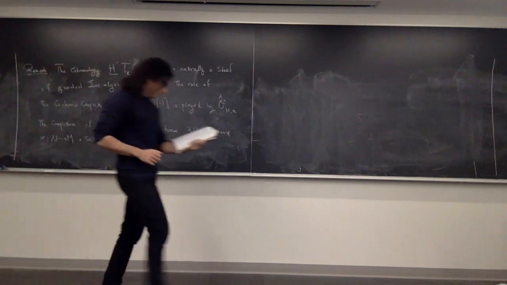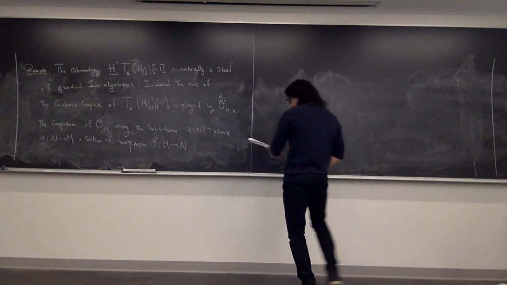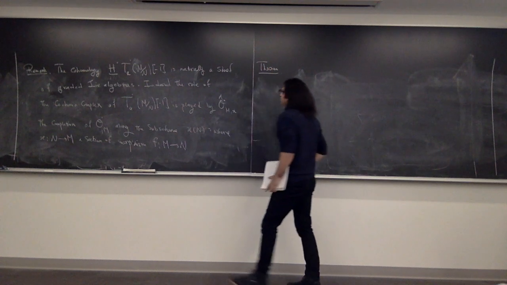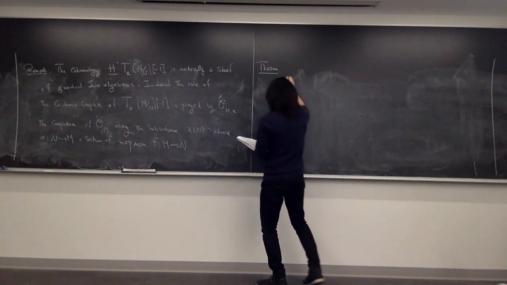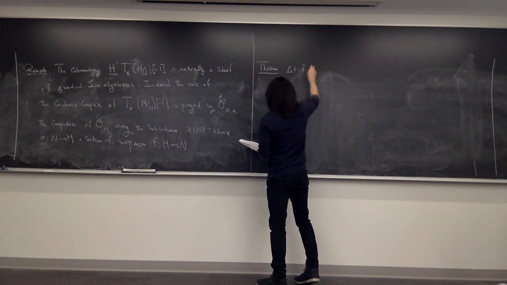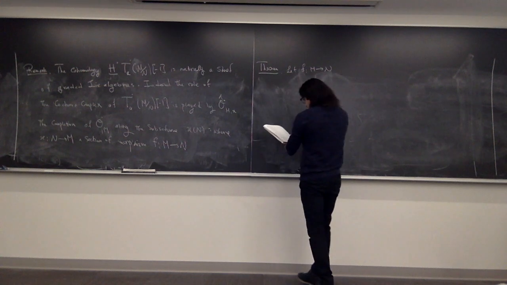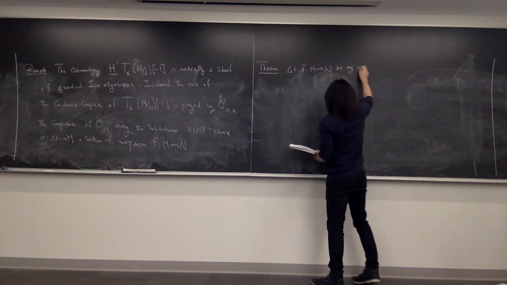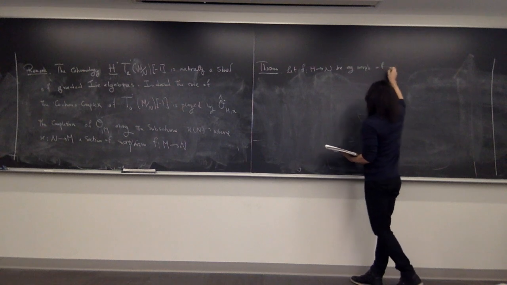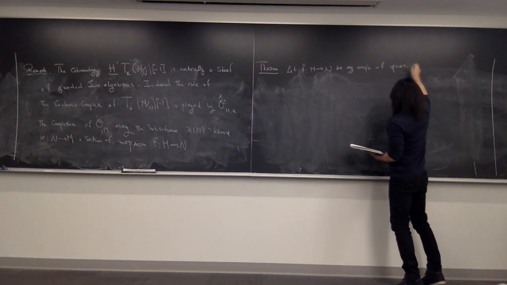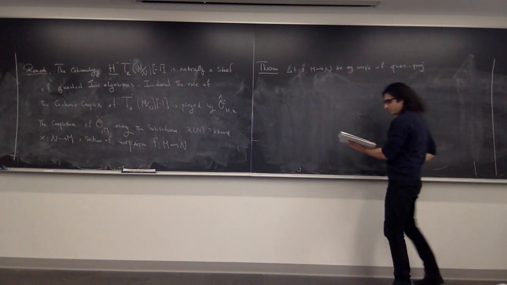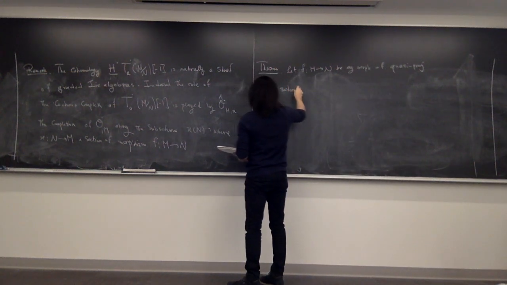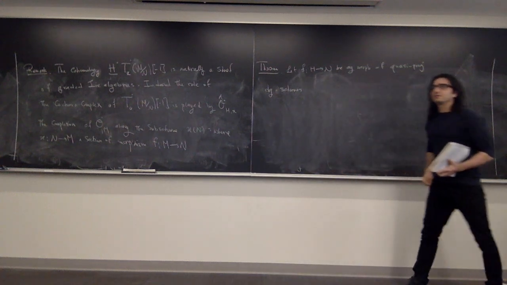Cochain complex. Okay, so now there is a theorem. Let us continue. Let F from M to N be any morphism of quasi-projective schemes. The underlying schemes are projective.